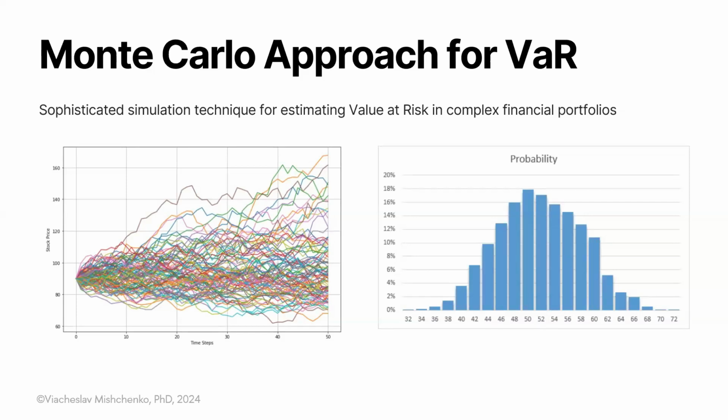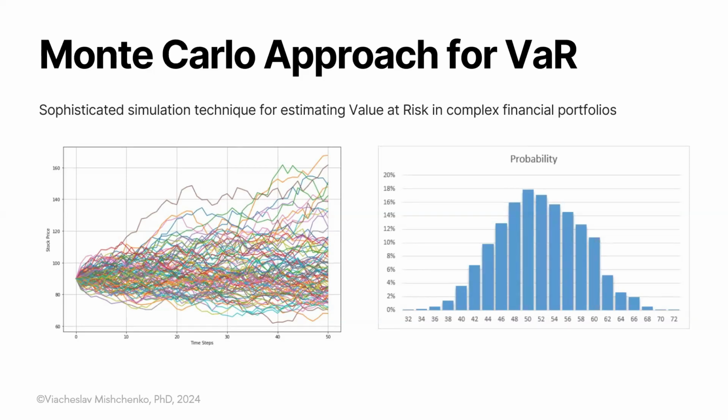So at its core, this method involves generating thousands or even millions of potential future scenarios for market prices and, for example, rates and currency rates and so on. This gives us a comprehensive distribution of possible portfolio values.